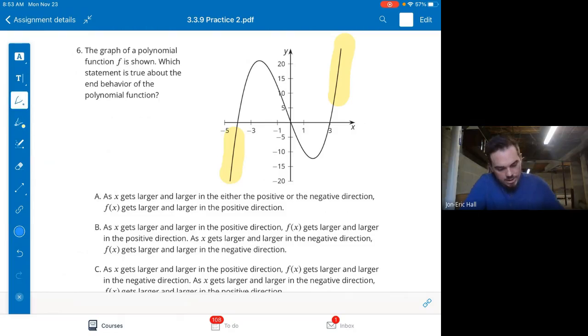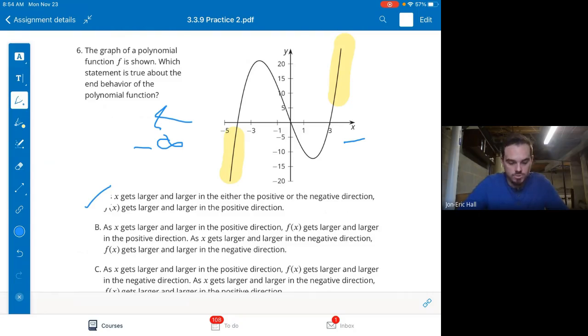So if I'm looking here, this is the x-axis, right? Which means as x gets closer and closer towards negative infinity, the y value goes down and down towards negative infinity, right? So as x gets larger and larger in the positive or negative direction, f of x gets larger and larger in the positive direction. That is not true.